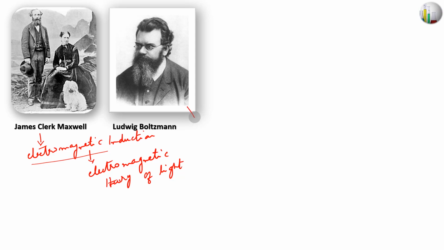Now, in fact, James Clerk Maxwell is less known for his theory on color photography. In fact, he pioneered the discovery that white light is made up of red, green and blue. He is the one who proposed the RGB theory of light.